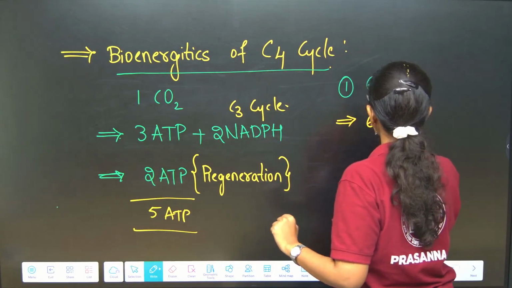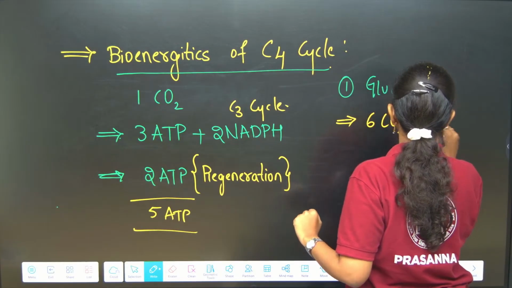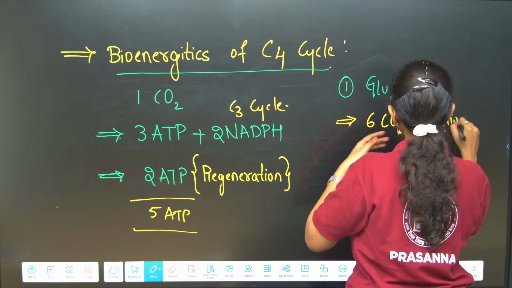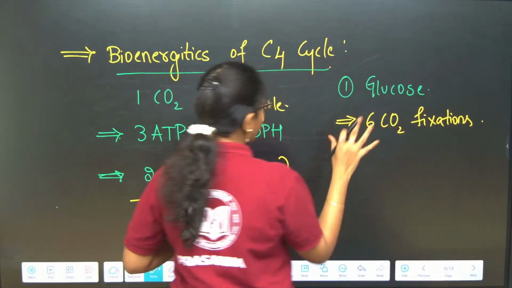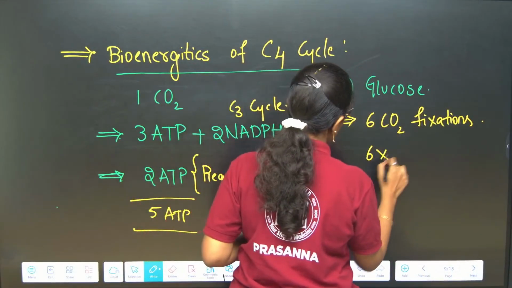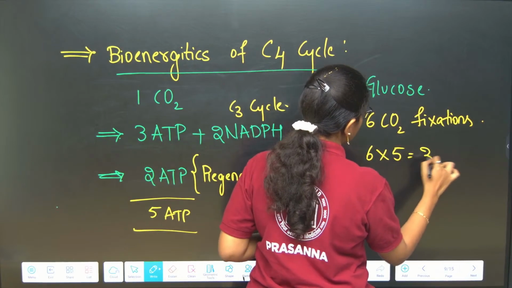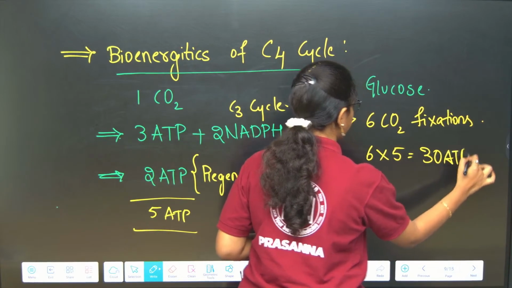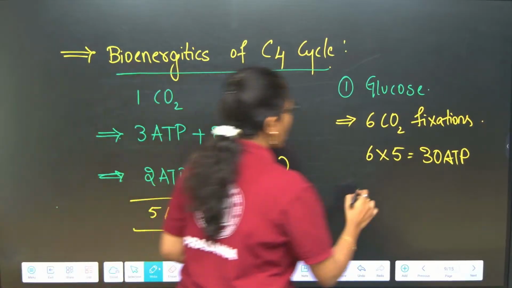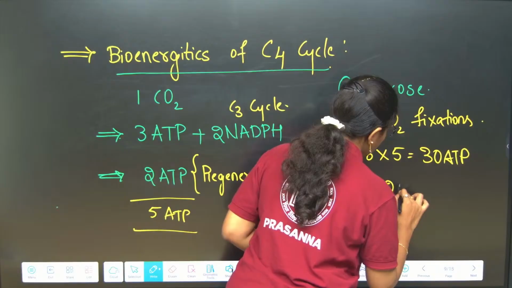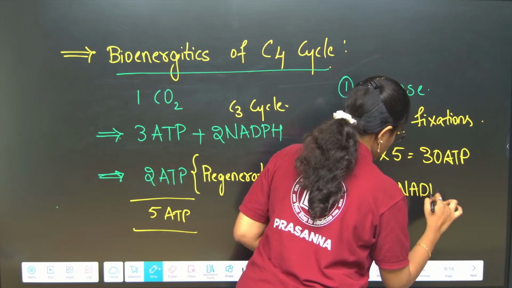So, 6 carbon dioxide fixations have to happen. For 1 carbon dioxide it is 5 ATP, so for 6 carbon dioxide it is 6 into 5. How much? 30 ATP. On total, 30 ATP will be utilized, and NADPH will be common, that is 12 NADPH for the formation of 1 glucose.